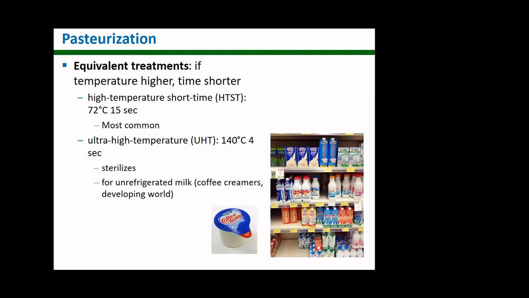And it's fairly common for packaged dairy products that can exist at room temperature. And then there's ultra high temperature at 140 degrees Celsius for 4 seconds, which essentially sterilizes things. But it's great for unrefrigerated milk and those little coffee creamers that don't need to be refrigerated.